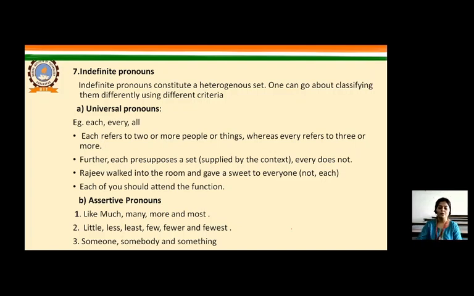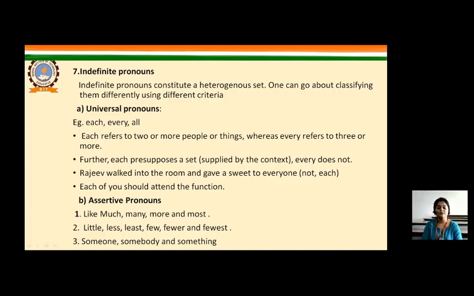So when you are referring to some particular statement or text that is implied to everyone individually, then you are using each. But when you are generalizing something, then you are using every, right?